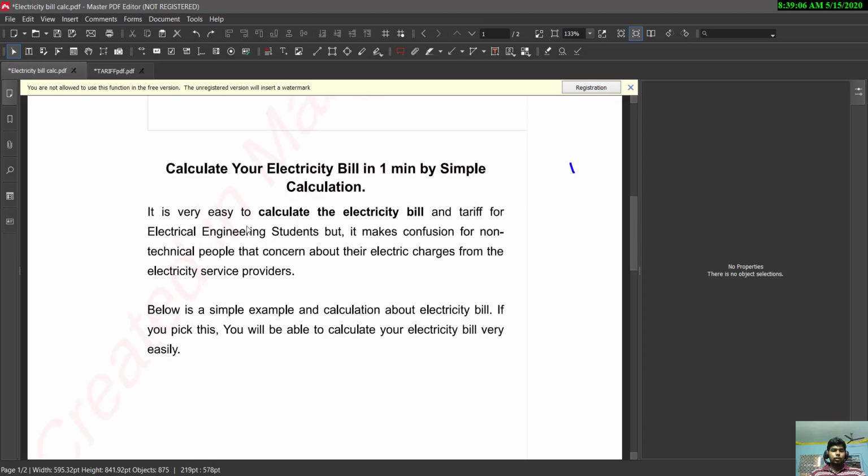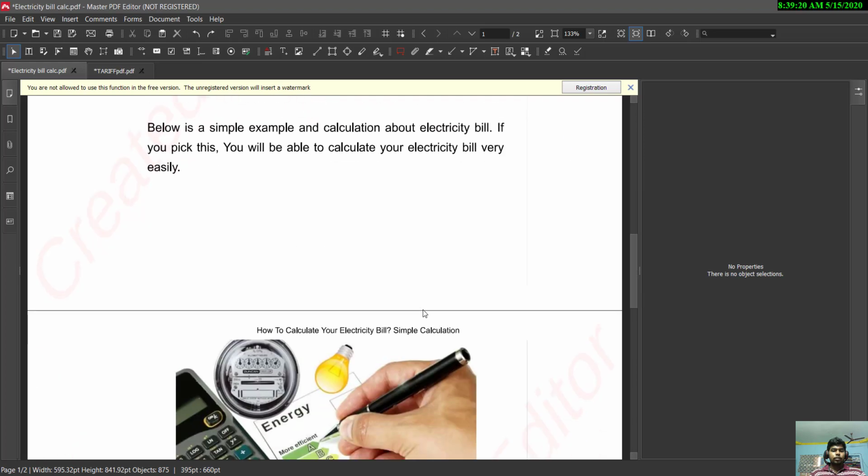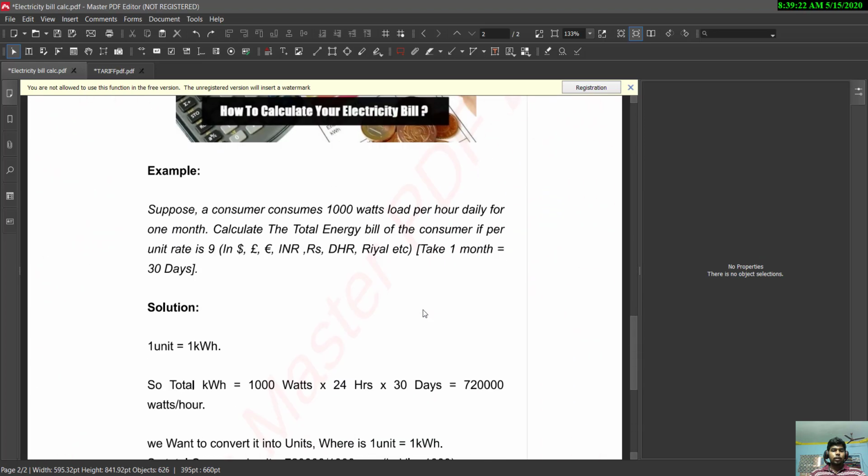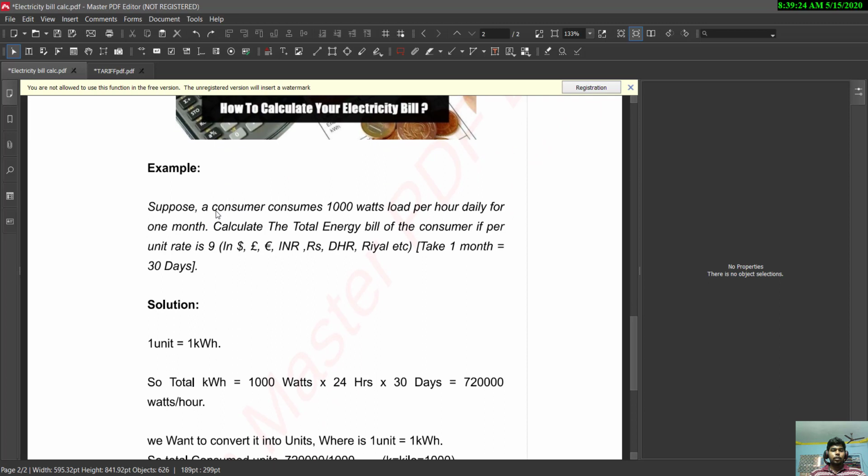The objective is that it is very easy to calculate electricity bill and tariff for electrical engineering students, but it is somewhat difficult or new to those who are new to this topic. Let us see an example.